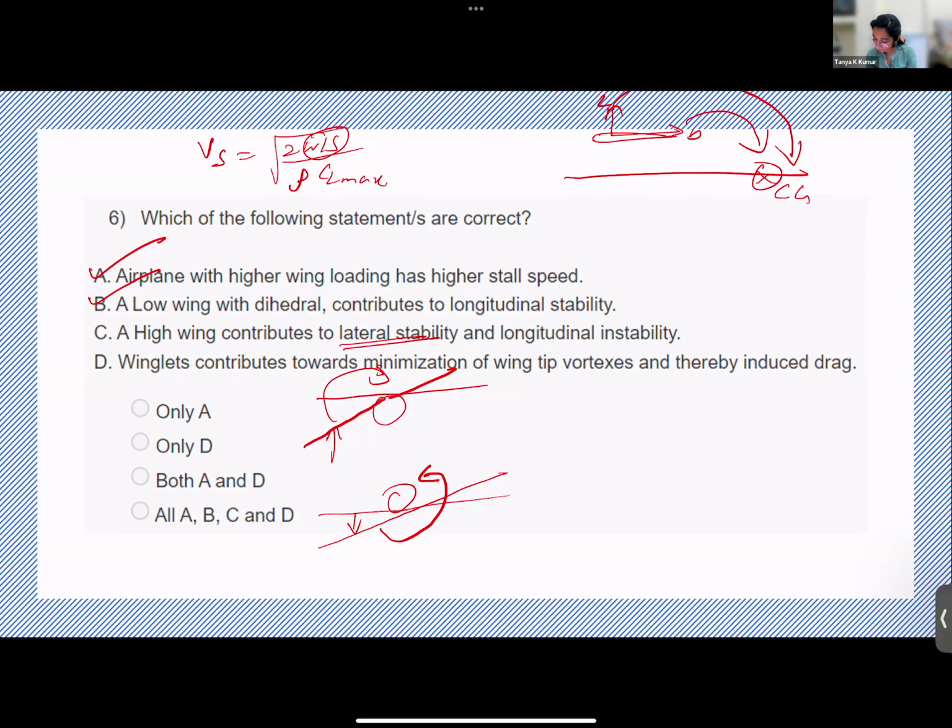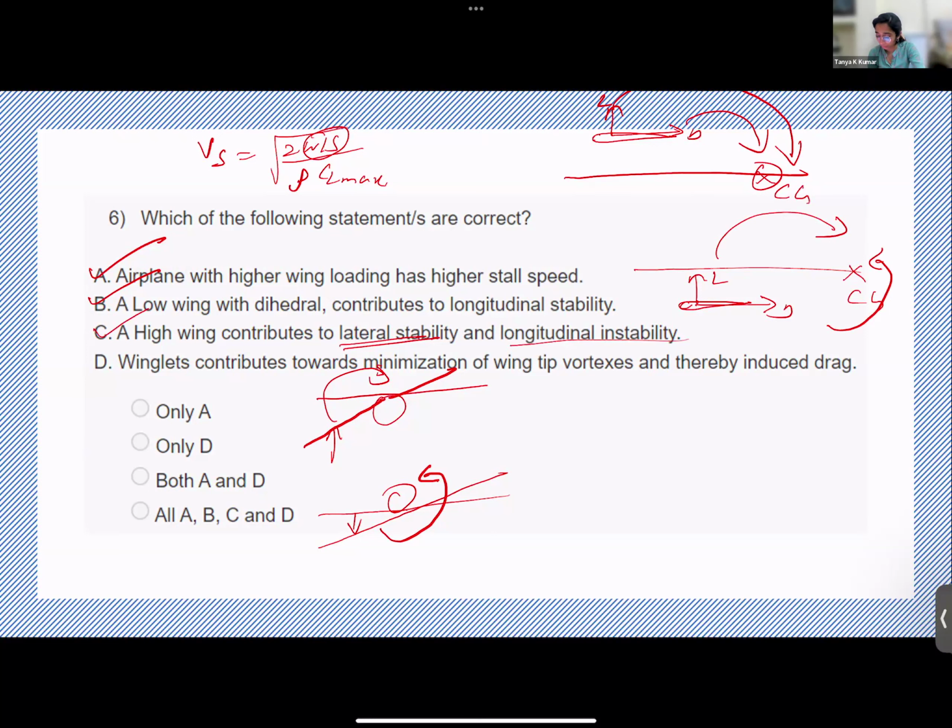Now, if this was your low wing, you had lift and you had drag, and you had CG here. The lift would produce a destabilizing moment, but the drag would produce a stabilizing moment, right? Some stabilizing torque would be produced over there, but the high wing configuration produces unstable torque. So it contributes towards longitudinal instability. Okay, so this point is also true.